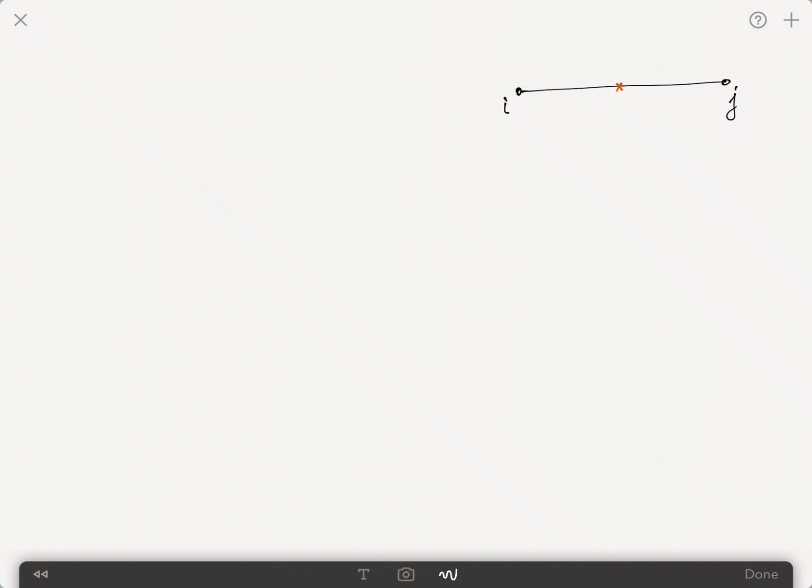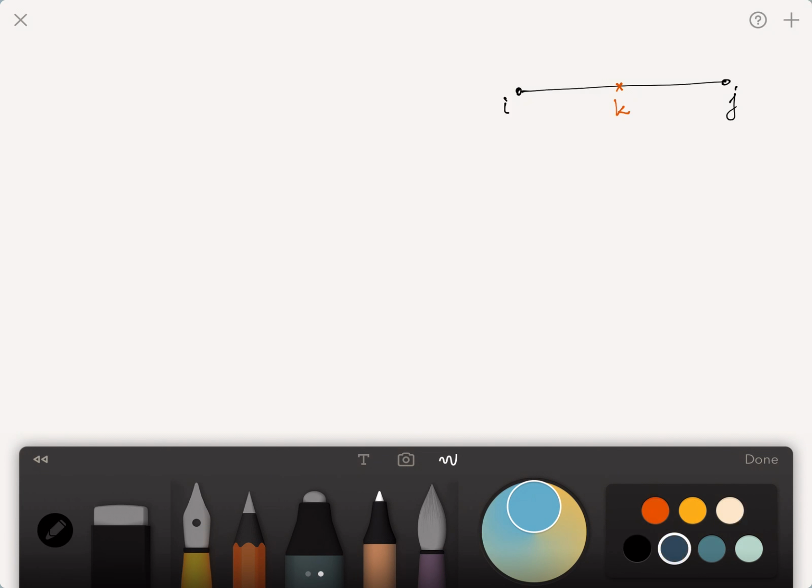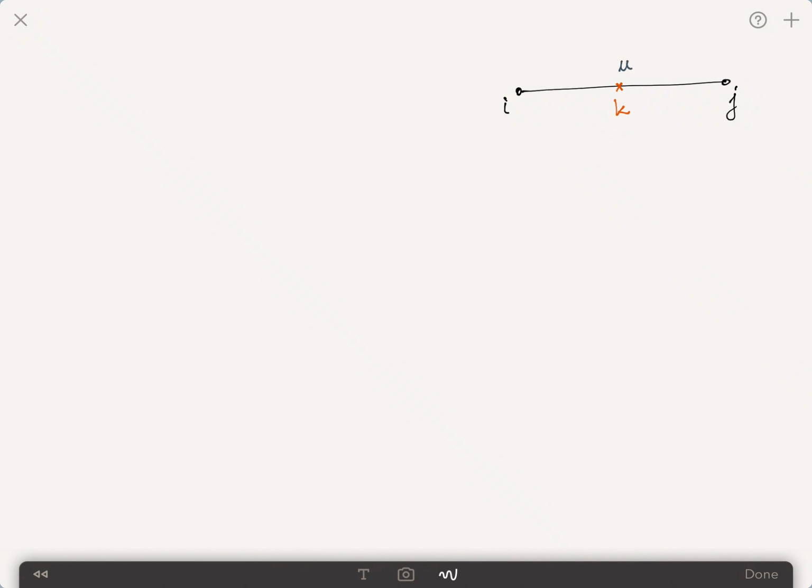So let's take for example an element which looks like this. We have 2 vertices at the ends, and we take one central node extra, which we call k, because I would like to find out the unknown displacement u at k as a result. There are different ways of doing it.